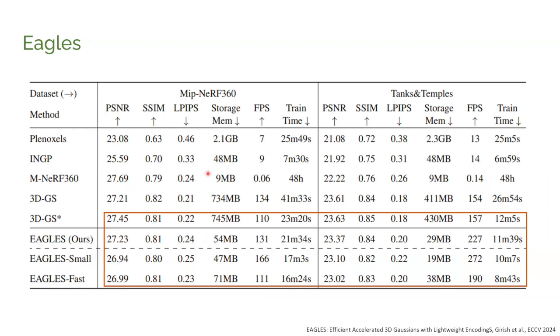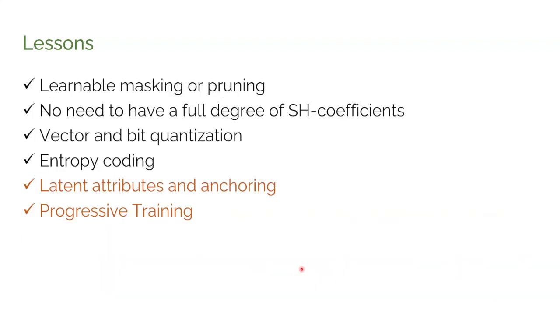This is the performance of the Scaffold-GS. They achieved about the same performance, and in this case they also claim very fast training time. So here we learn about the latent attributes and the anchoring process, and I think the progressive training is quite effective.